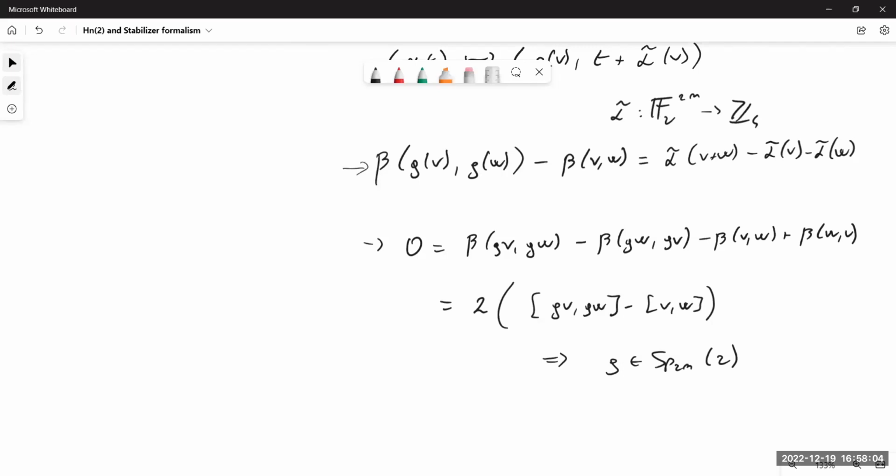The only thing that, okay, I will tell you later, because actually this alpha function is not unique, but you can at least fix that on a basis, and this is what you usually do when you do calculations.